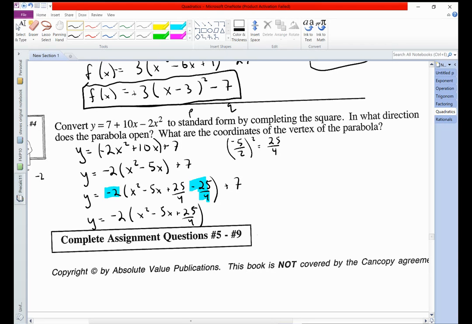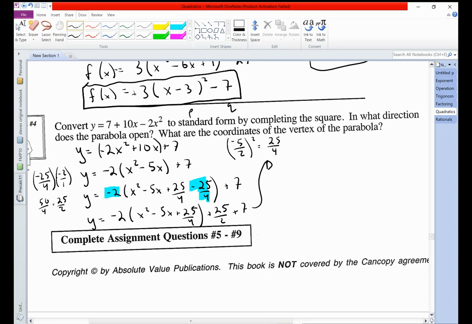I'll do this over here. Negative 25 over 4 multiplied by negative 2 over 1 becomes 50 over 4, or 25 over 2. So now that becomes plus 25 over 2 plus 7.